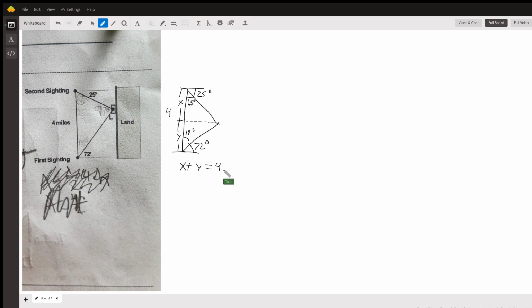And then we also know, for instance, for the bottom triangle, that the tangent of 18 degrees is equal to, let's call this D, opposite over adjacent. And we can rearrange and get that D is equal to Y tan of 18 degrees.